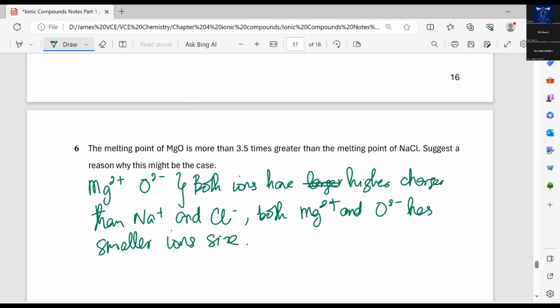So that makes them have a stronger electrostatic force of attraction. You always need to conclude with a stronger or weaker electrostatic force of attraction, okay? You can't just stop your explanation here. You still need to mention that this causes a stronger electrostatic force of attraction.